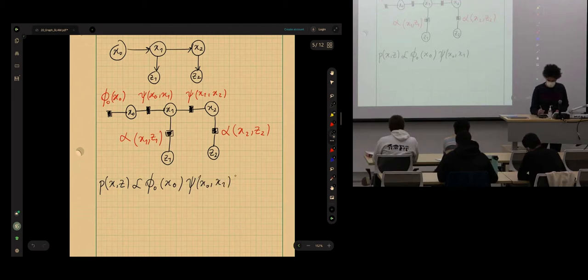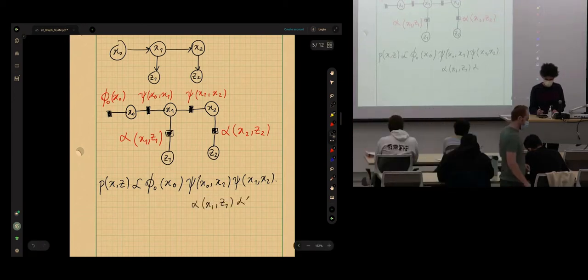So the modularity of this framework makes it very attractive. This continues. We have alpha x1 z1 times alpha x2 z2.